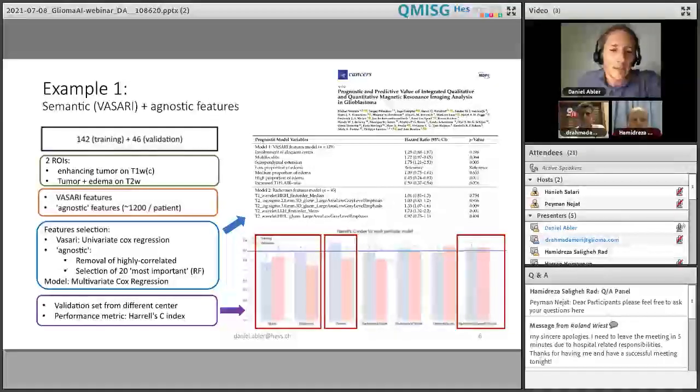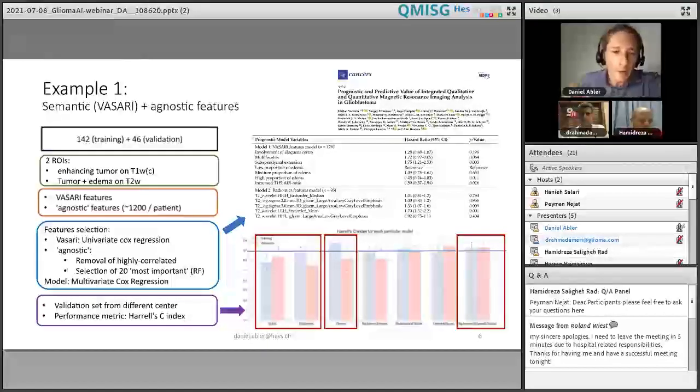Eventually, the resulting model, which is based on a multivariate Cox regression, which is very typical for survival problems, is evaluated on the data set that has not been seen in the training process, the validation data set.